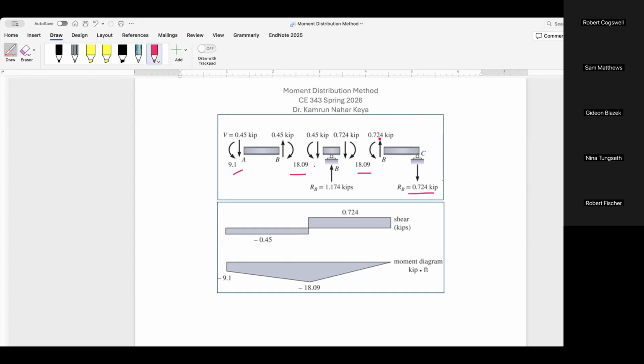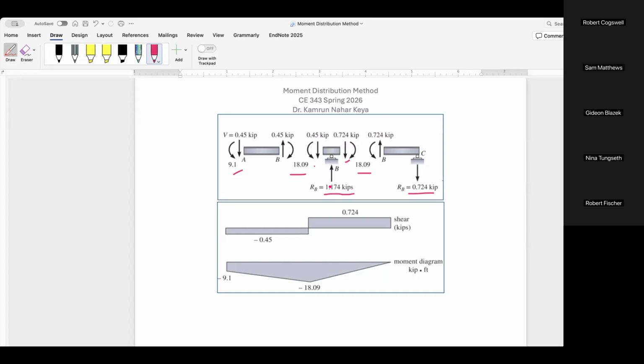If it's upward here, it's downward for this joint, the same value. Remember the things we did last Tuesday's class. And then you can take summation of Fy and you will get this value for B. So now you know all the forces, all the moments.